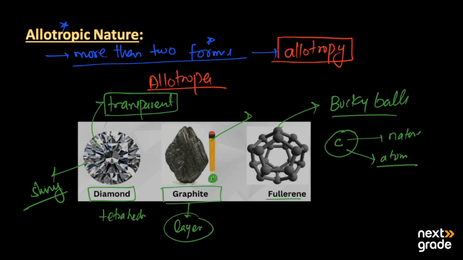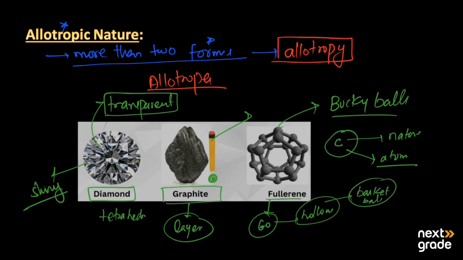But in buckyball, 60 carbon atoms make a hollow sphere like a basketball, and all the carbon atoms are joined to one another, making a hollow sphere. Graphite is present in the solid state and can be shaped, as it is mainly soft in nature. So these were the simple allotropic forms of carbon.